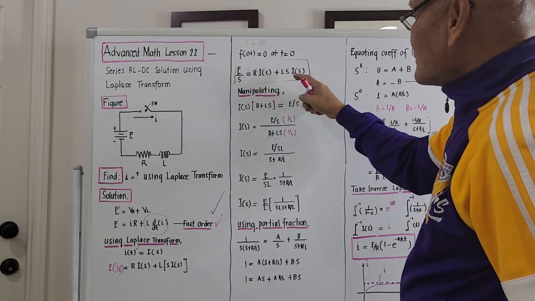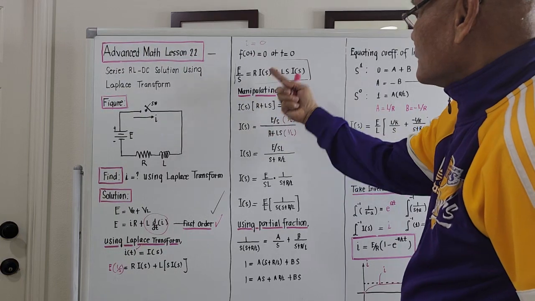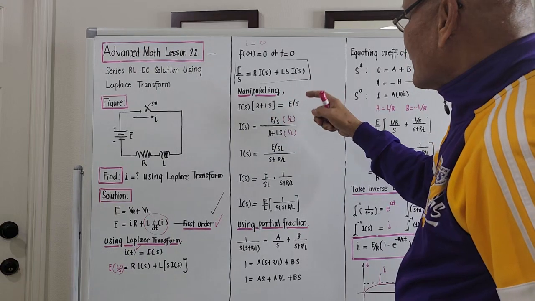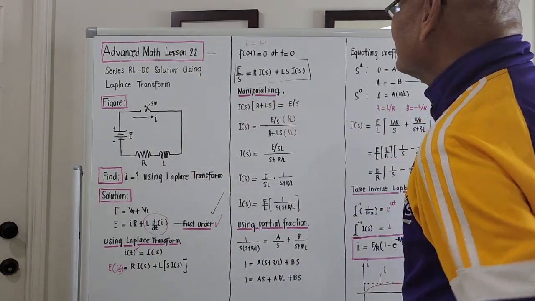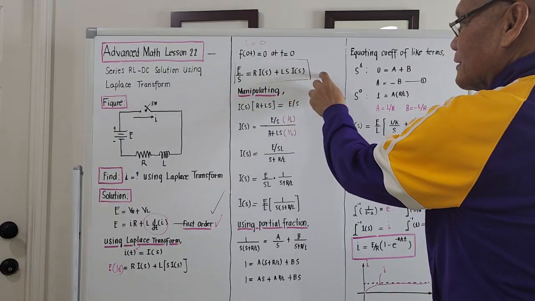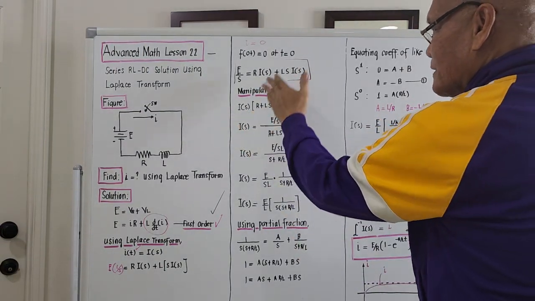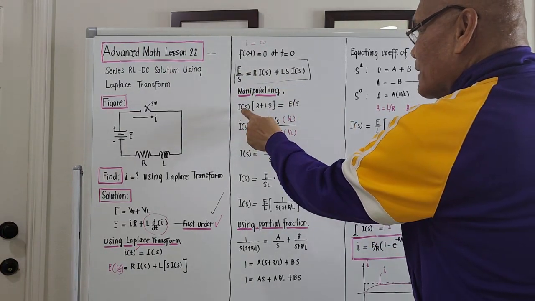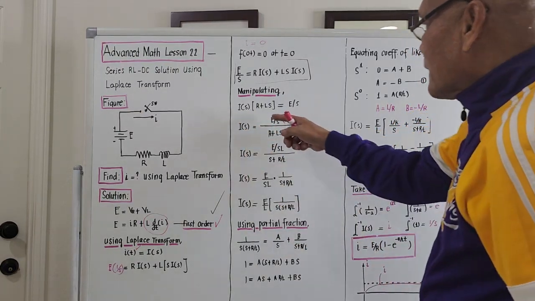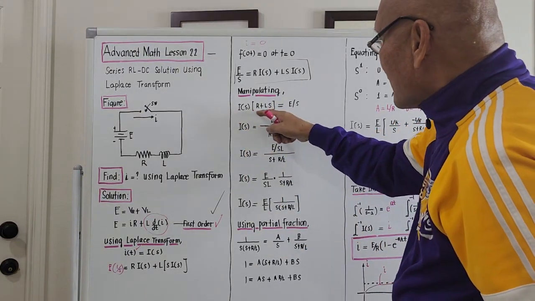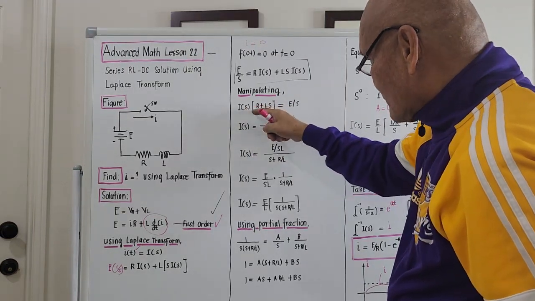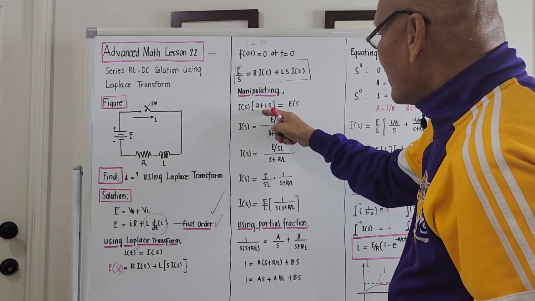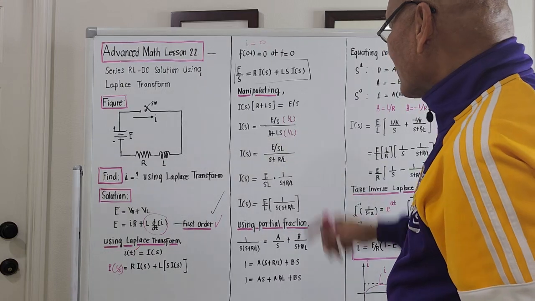Common factor is I as a function of S. I try to factor out I as a function of S times open bracket R plus LS close bracket is equal to E over S. Then solving for I as a function of S, we divide both sides by the sum of these, R plus LS. So capital letter I as a function of s should be E over S over R plus LS.